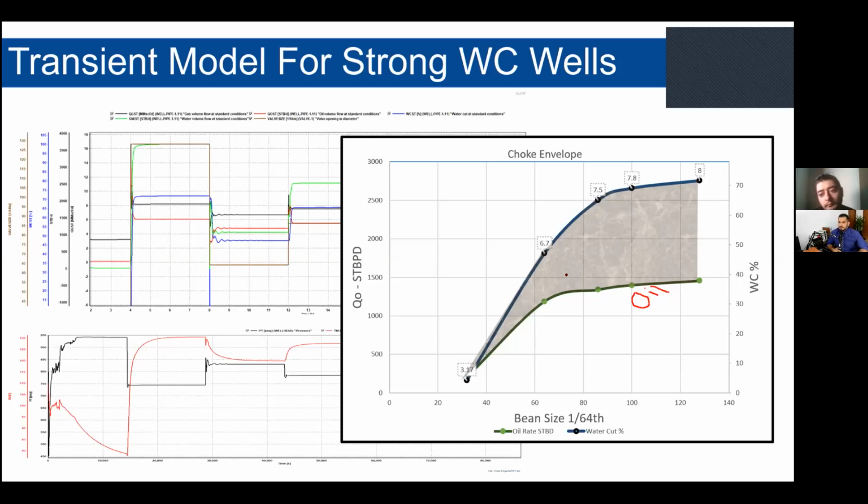It's only producing gas. So you have this very critical envelope of choke operating size you need to be careful with, and you can determine that safely using software like Olga or LedaFlow, because these types of software are transient and they change with time. However, first things first, you have to calibrate your model and then you can do predictions.